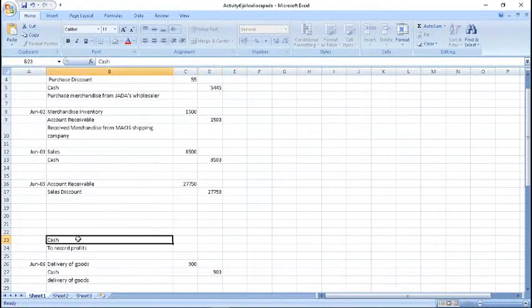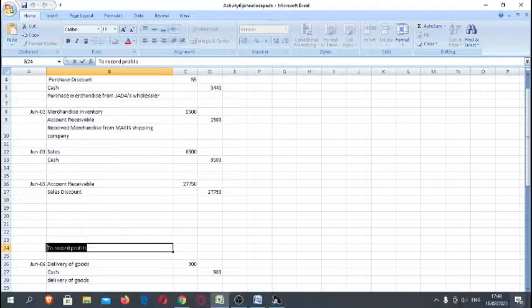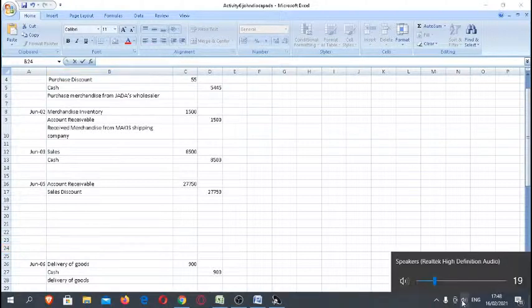Ay, ano po yun? Pakiulit nga, ma'am. Sales return allowances, accounts receivable, which is 1,002 debit, credit is 1,002 by Jada's wholesale.